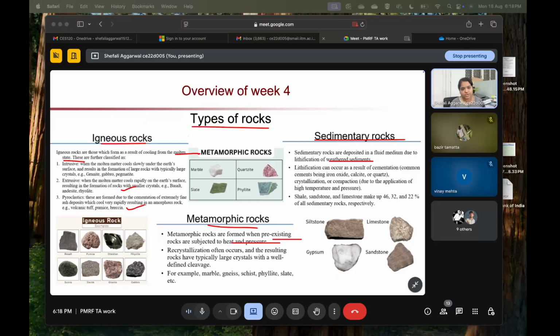What are the properties of these different types of rocks, and how are they useful in our concrete system? These are a few points, and then a few examples of different types of igneous, metamorphic and sedimentary rocks.